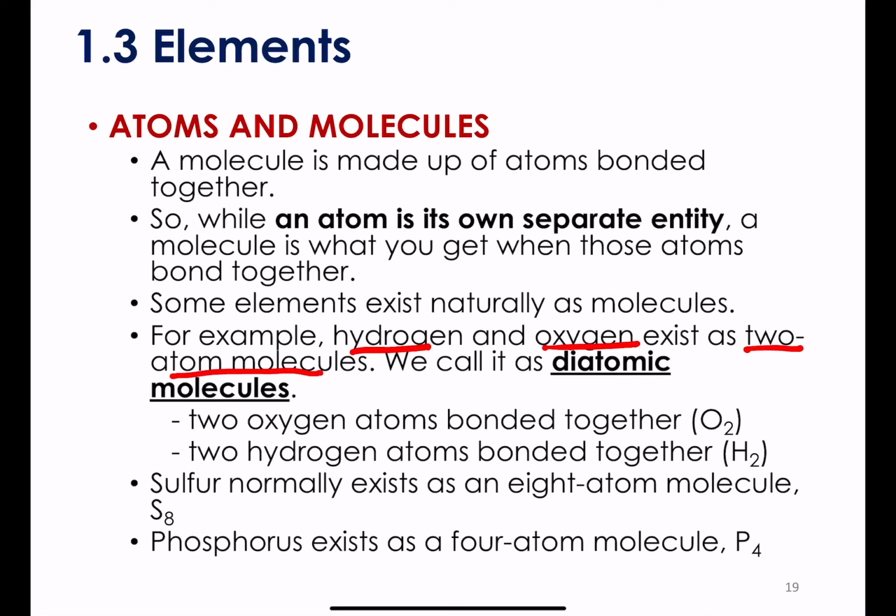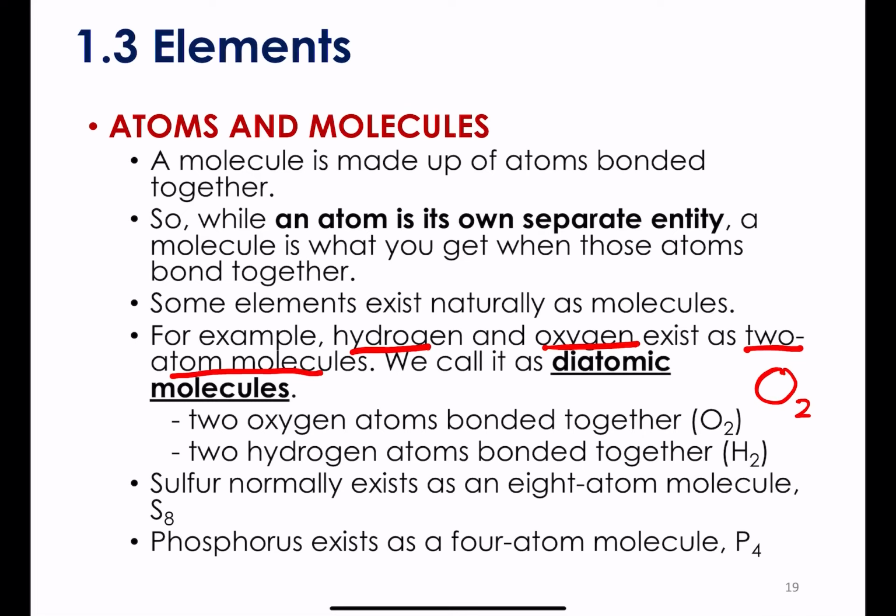An oxygen atom plus another oxygen atom combine to become O2. And the way we write it is O with a lower subscript 2, showing there are two oxygen atoms. Next, we have two hydrogen atoms bonded together. So, it's going to be an H2 molecule. So, the name remains the same. Hydrogen atom, hydrogen molecule. Oxygen atom, oxygen molecule.